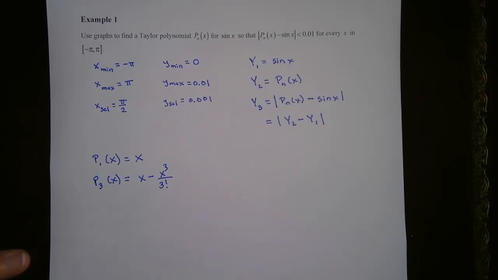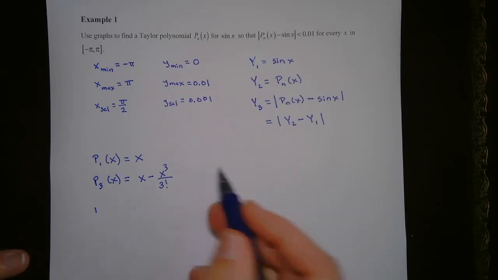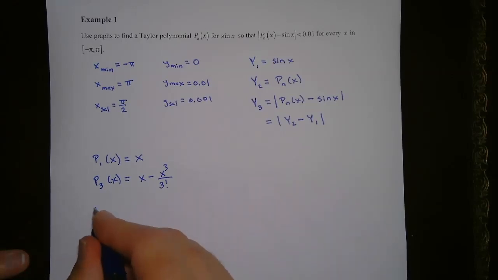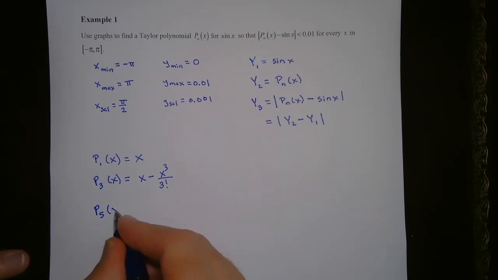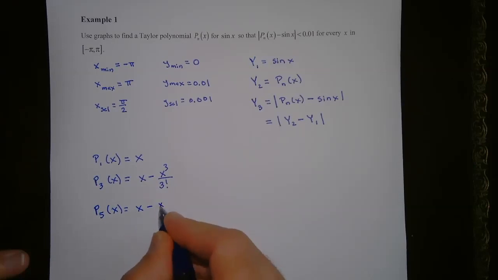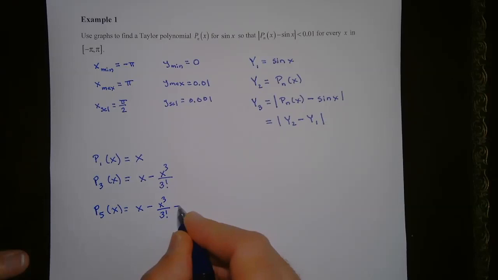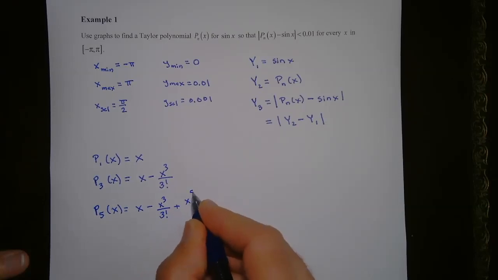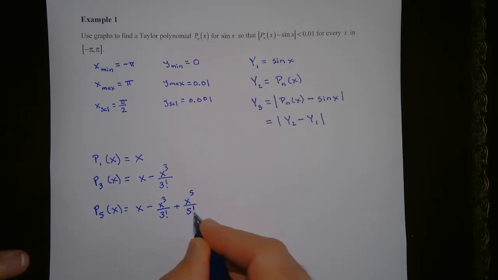That's a third order Taylor polynomial for sine x. We don't have a fourth, but we have a fifth one, p sub 5 of x, which would be x minus x cubed over 3 factorial plus x to the 5th over 5 factorial.